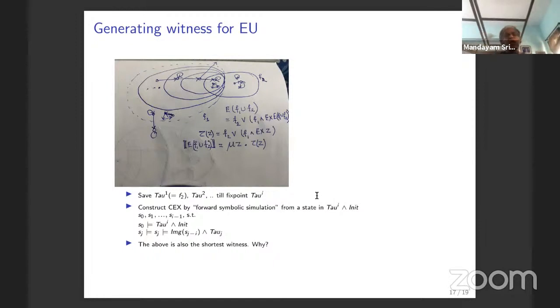Or, if you want to pick a state that is also an initial state, you can start from the intersection of init and tau i. A counterexample is an actual witness. It is a state and a path, and by path I mean a sequence of states.